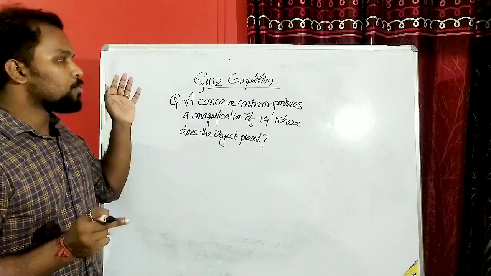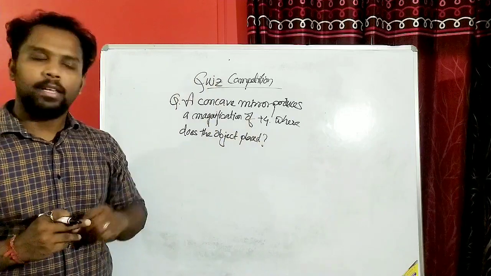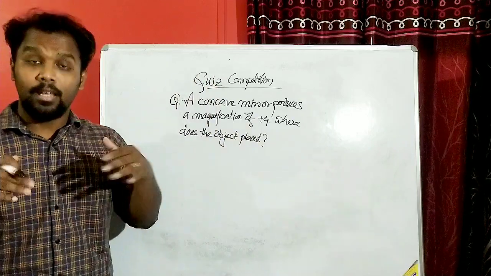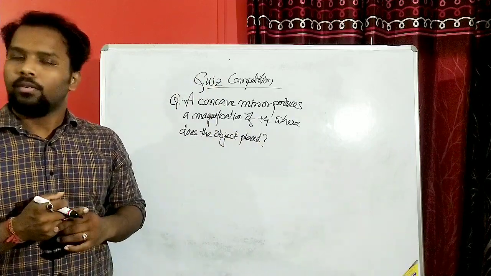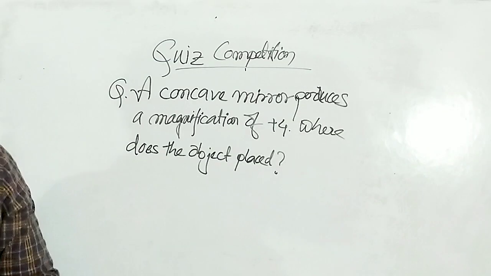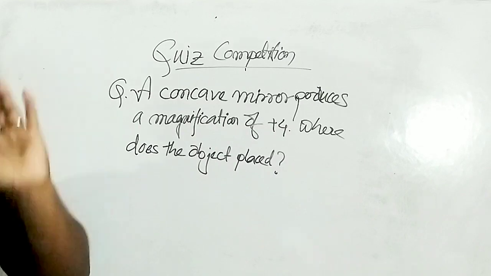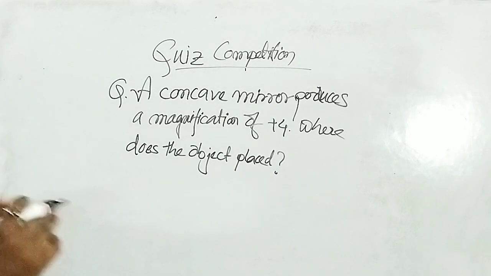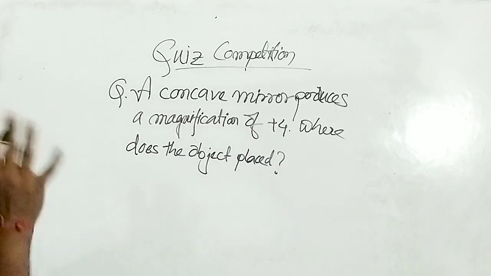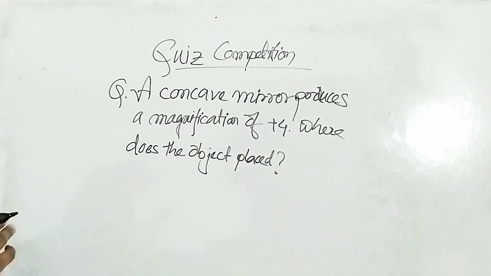When I was solving those 5 problems, I clarified your concept about magnification for real and virtual images too. So just watch the video properly from beginning to end. Then you will understand the concept of everything I have discussed in this video, and you will be able to give me the answer.